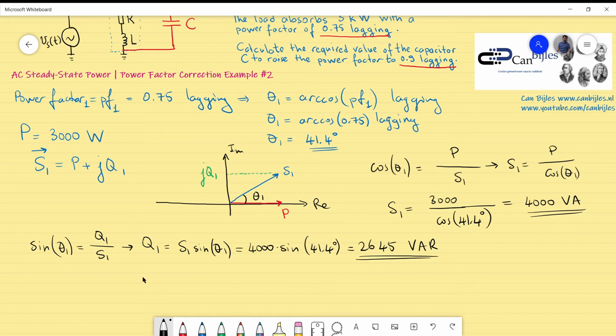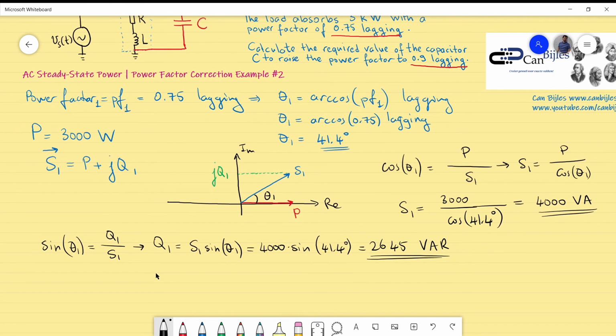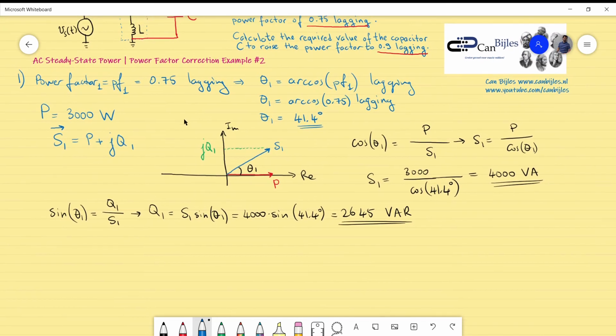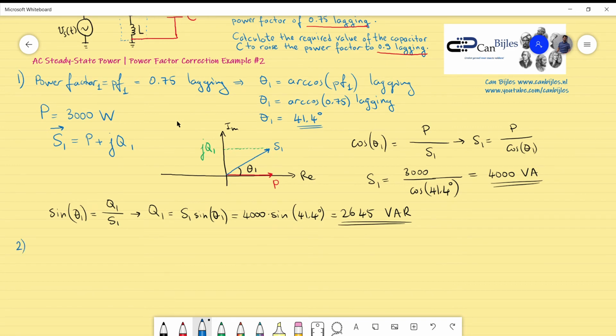Now let's consider the situation for what should happen after the capacitor is placed in parallel. So I will zoom out a little bit to make this clear. I would like to describe situation 2, which is actually for the power factor. So the power factor 2, which is PF2, must be 0.9 lagging.